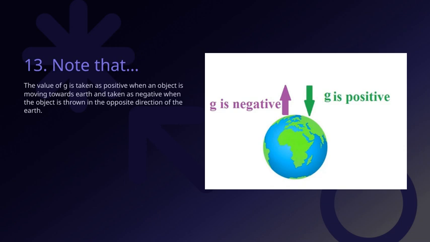This sign convention helps us keep our calculations consistent and clear. It's a simple but crucial detail that connects to the broader theme of understanding motion and forces in our study. Remember, the sign of g indicates the direction of acceleration, which is fundamental when analyzing different types of motion.